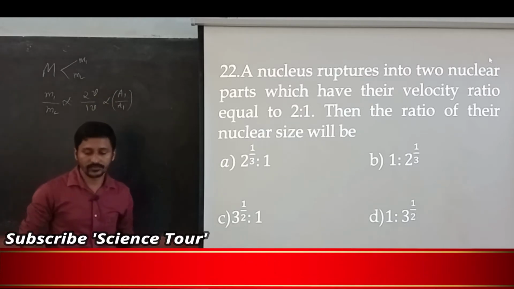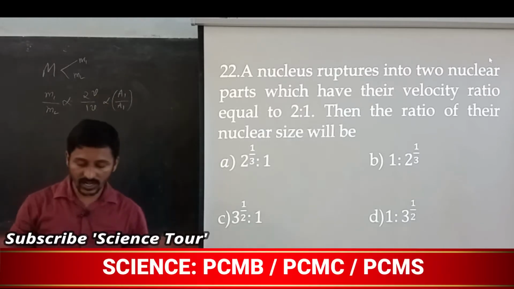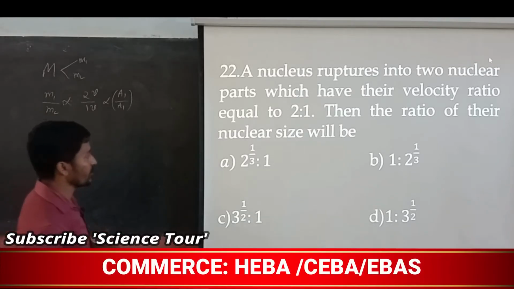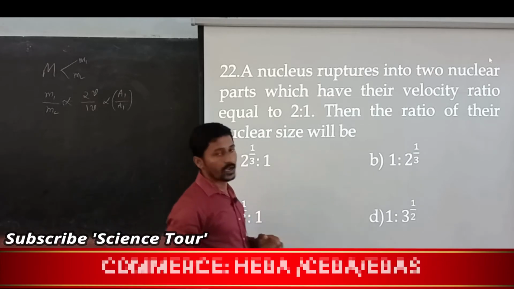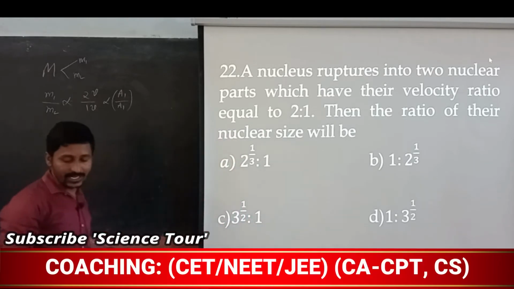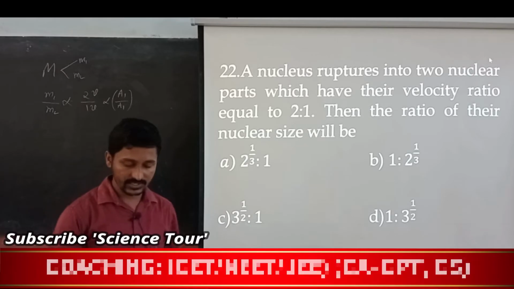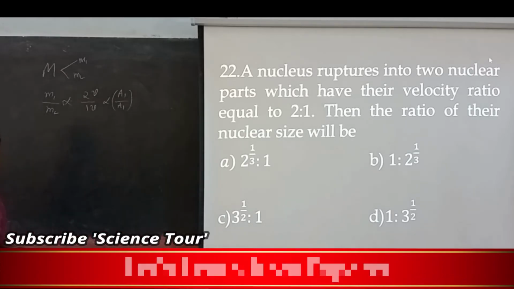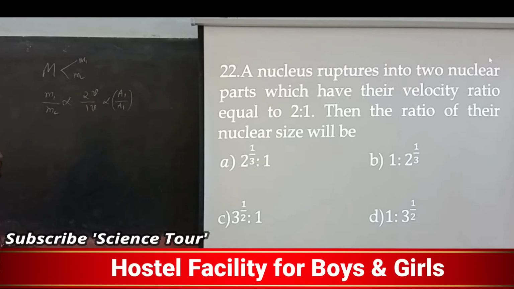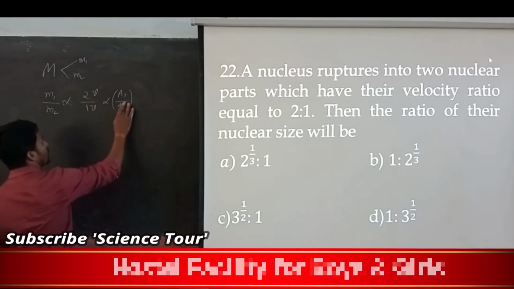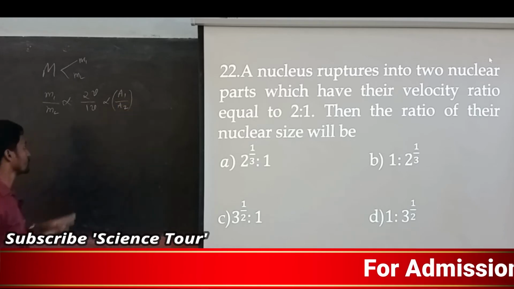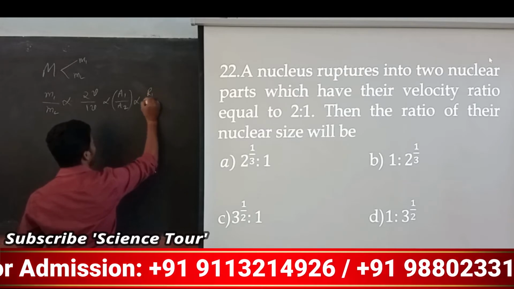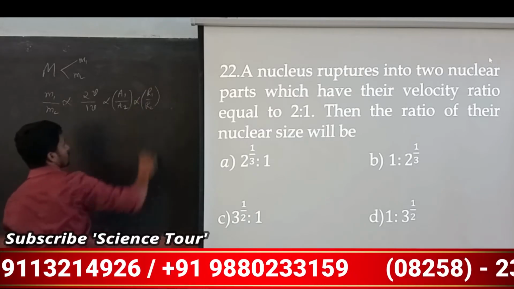And since I want the nuclear size, the mass number is directly proportional to R. So the equation is A1 and A2, which is directly proportional to R1 and R2.